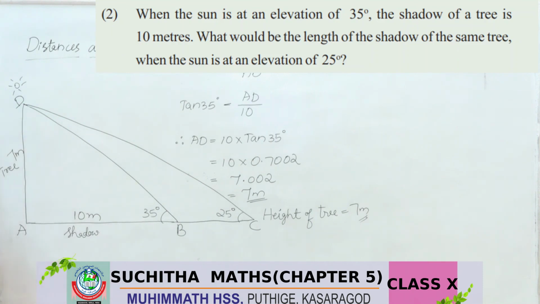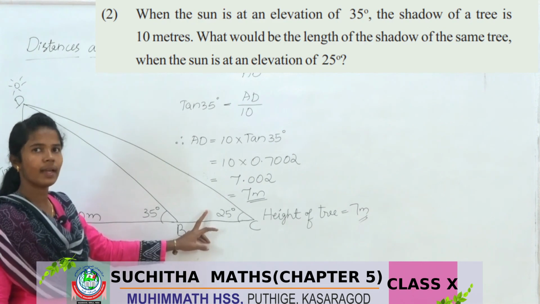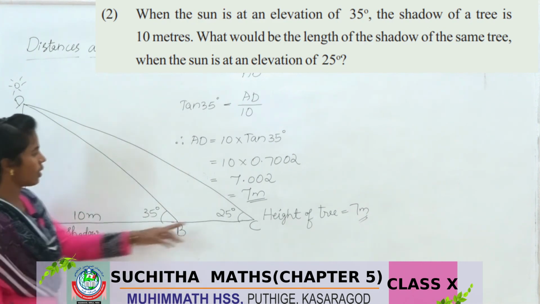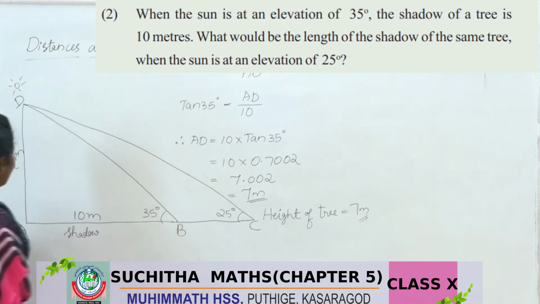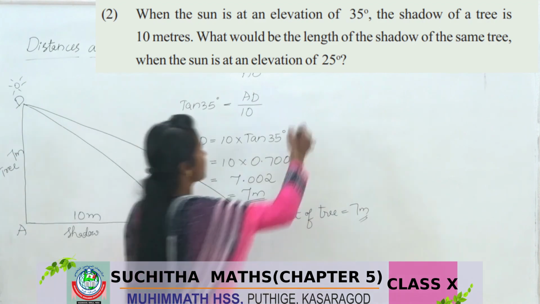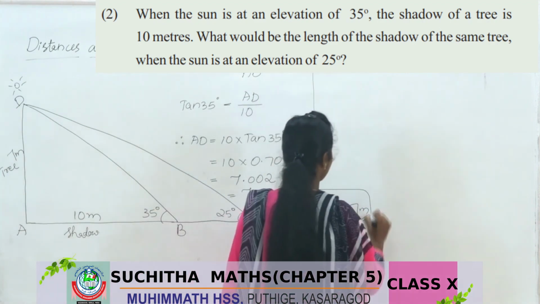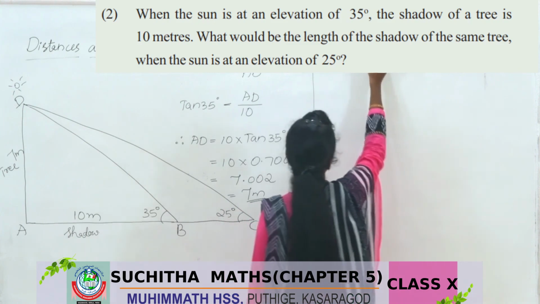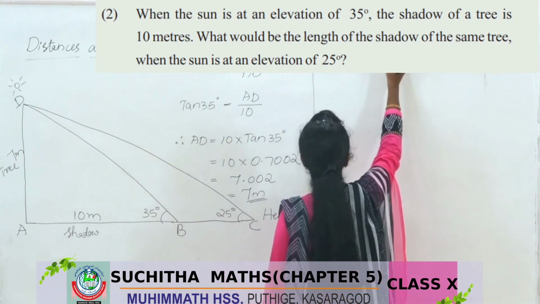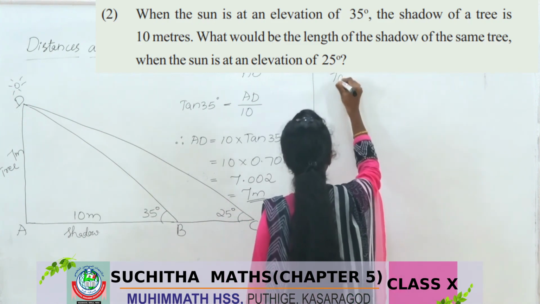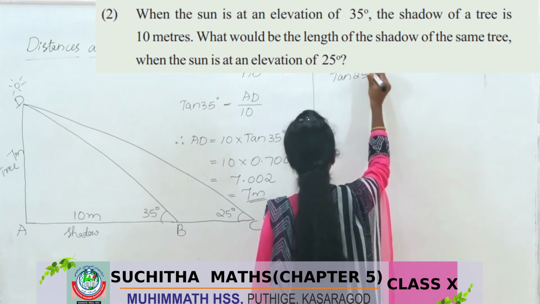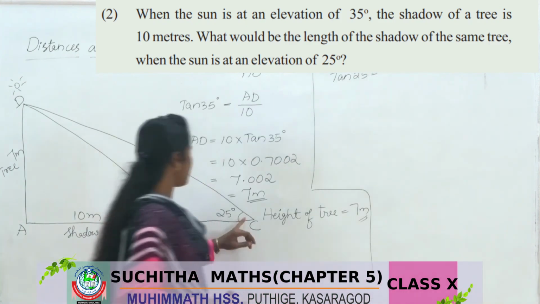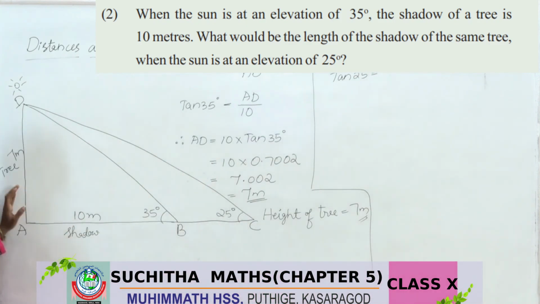Now by using 25 degrees, calculate the length of AC. Okay, from triangle ADC, tan 25 degrees equals the opposite side. The opposite side of 25 degrees is AD.